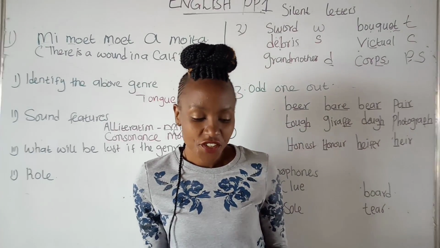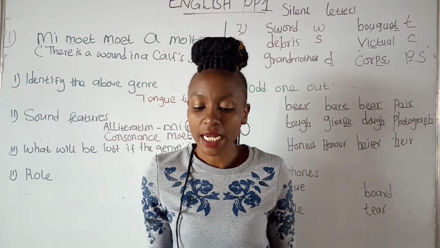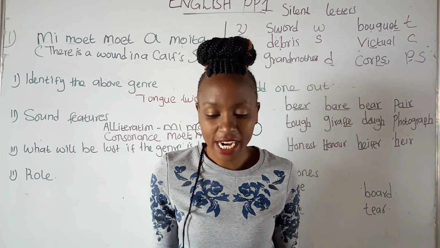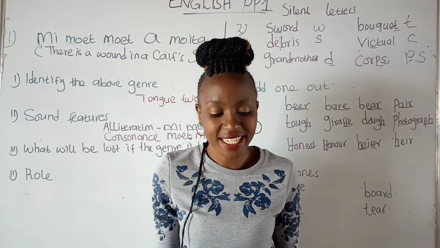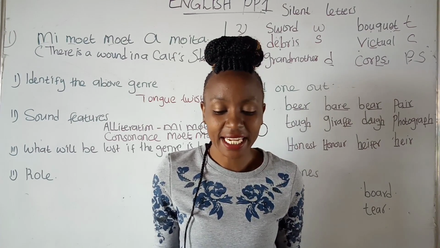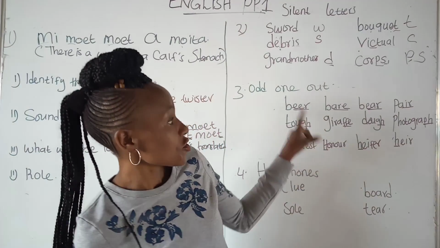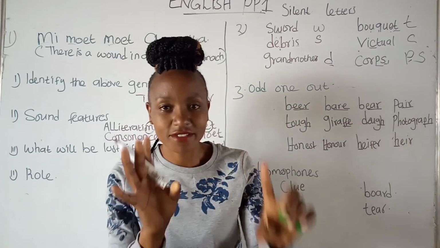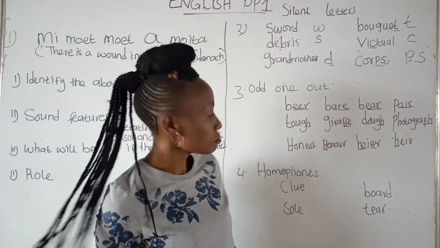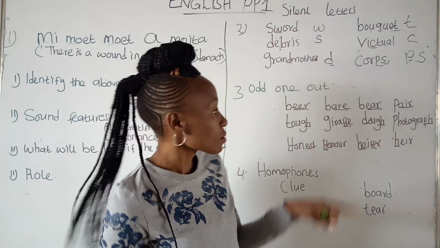The second last question, which is the odd one out in the following groups of words based on the underlined sounds? So we're going to try to do it. Pronunciation will help.